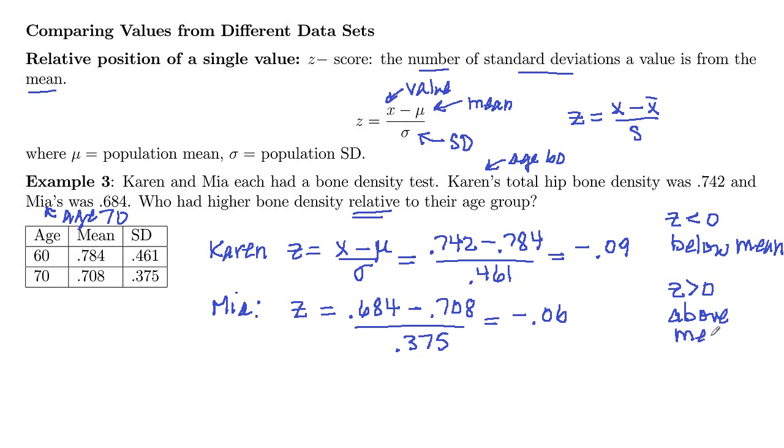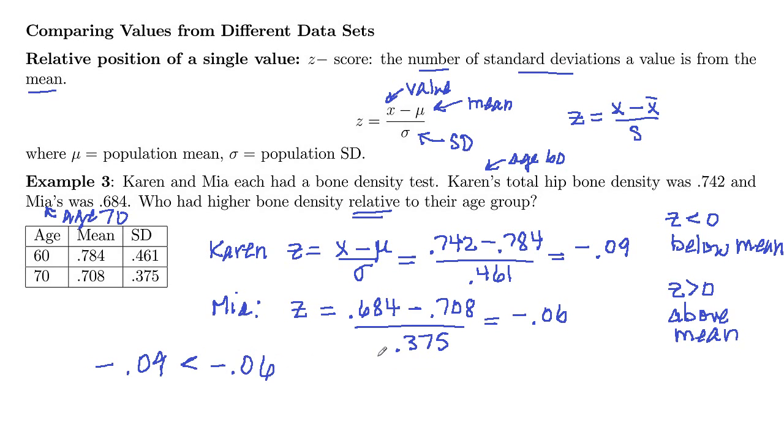So both of these are less than the mean for their age group, but we want to know which one is further less. Well, Karen's z-score is less than Maya's z-score. So we see that negative 0.09 here is less than negative 0.06.